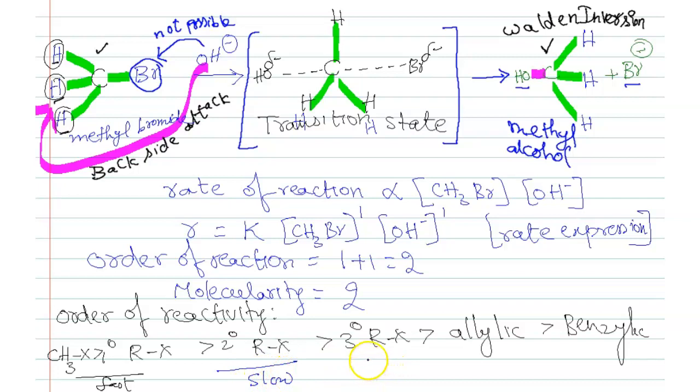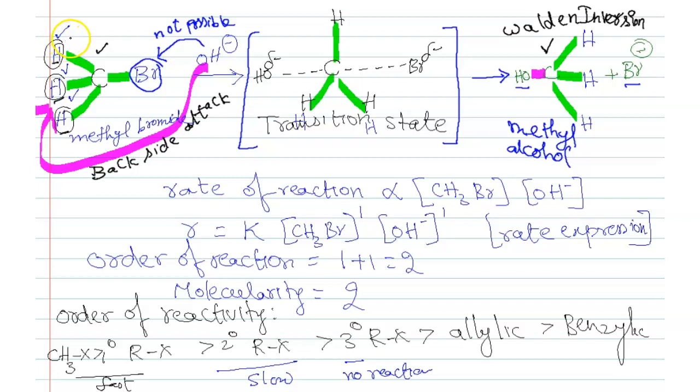In case of tertiary, you take 3 CH3 groups here, meaning 3 bulky groups. There is no gap, so almost no reaction. We can consider it no reaction or very slow. So bulkiness increases means the reaction becomes very slow. That's why primary greater than secondary greater than tertiary alkyl halides.